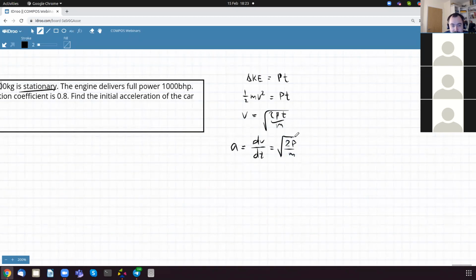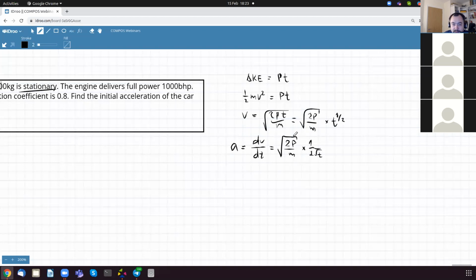These are constants, multiplied by 1/2 square root of t. Okay, I have to write this down. I have to write this as square root of 2P over m multiplied by t to the power 1/2. Does everyone understand how I differentiated it?